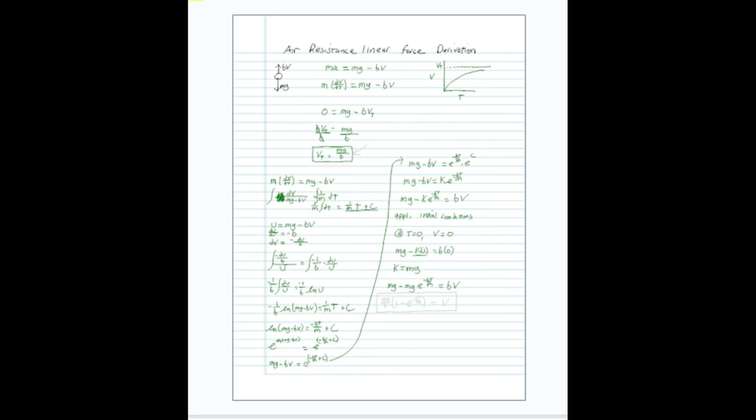Okay, now on the left side I can factor out an mg and bring the b over. So I end up with this, mg over b times 1 minus e to the negative bt over m equals v. And that is the solution. If you take a look, it makes sense too, because it's going to approach terminal velocity as time goes on.